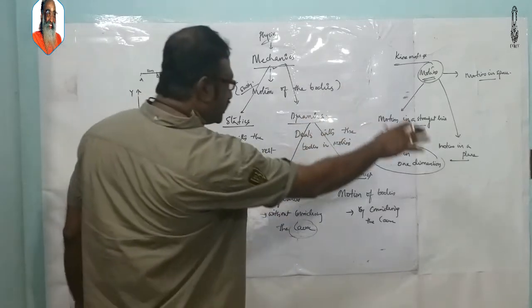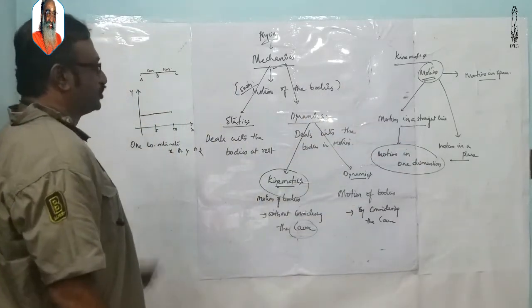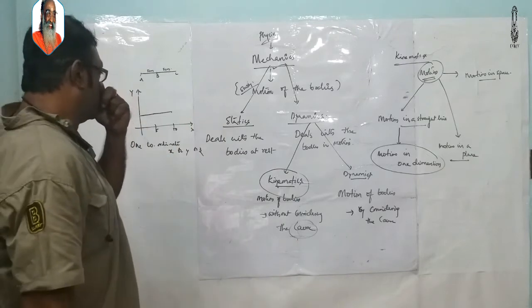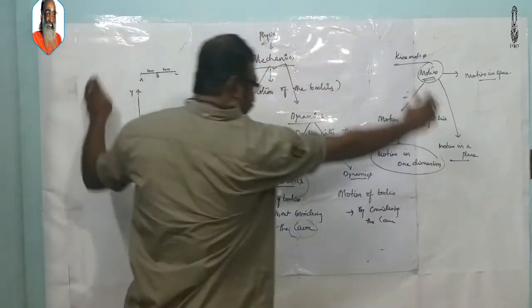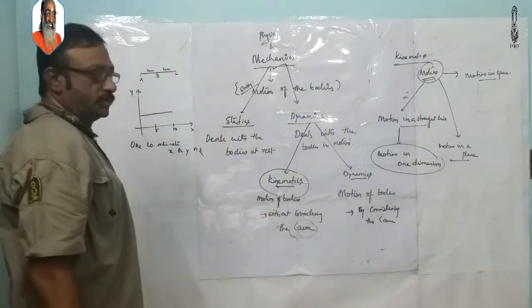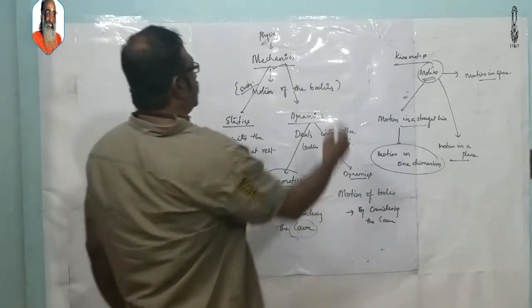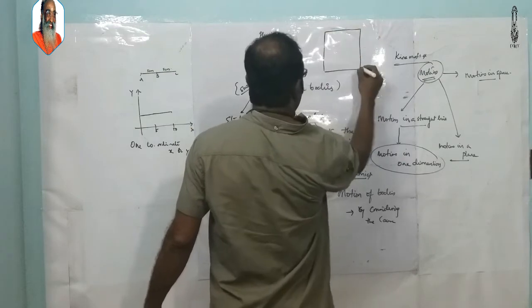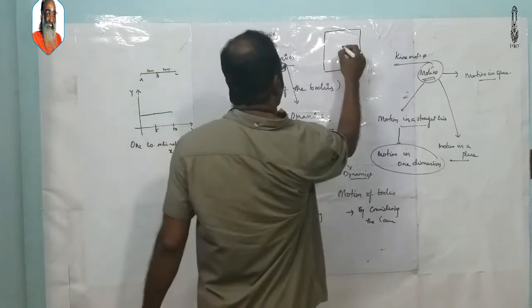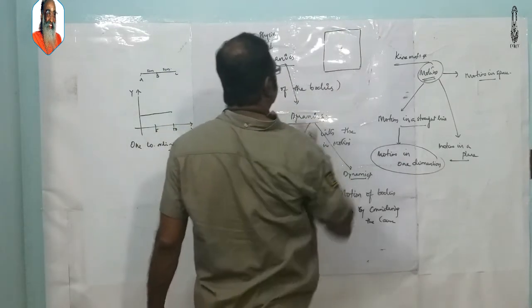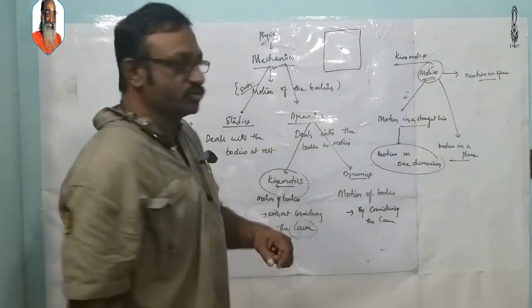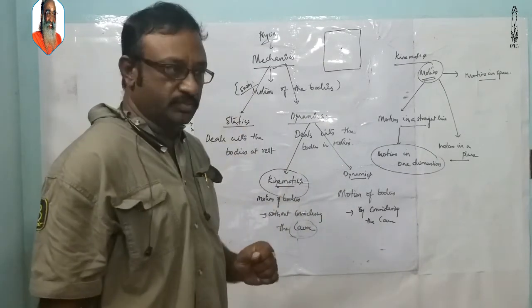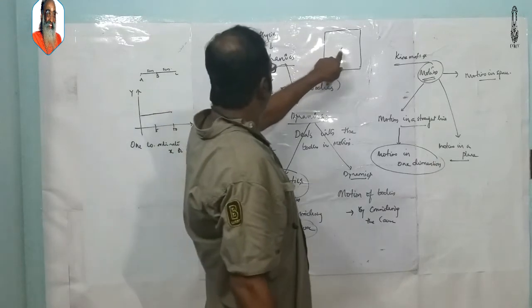And coming to motion in a plane. How to understand this motion in a plane? Let us take this wall. I will make a diagram here. Let us think this is a wall, and now a point is here. If I ask you where the point is, how can you say the point is here?